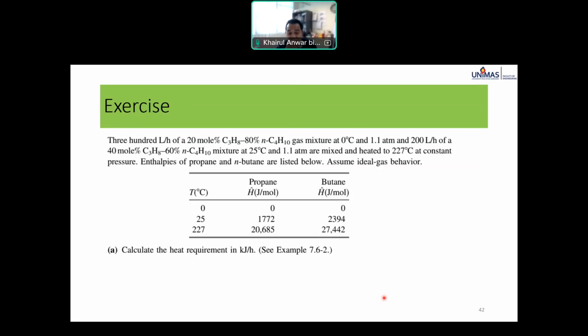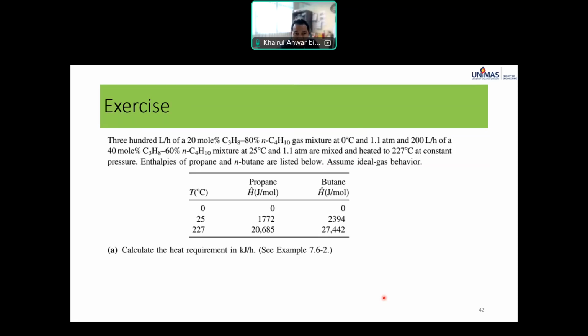Write the full equation 7.4-15, which is the open process system. Identify which term is zero. In this type of equation, delta EP, delta EK are obviously zero.